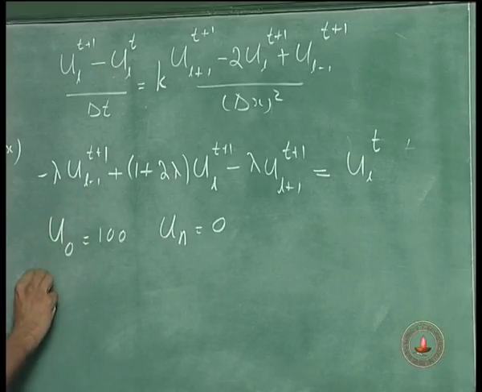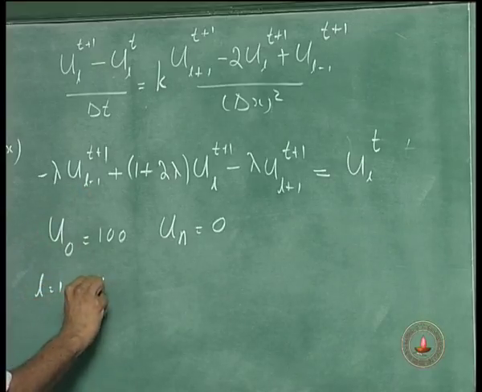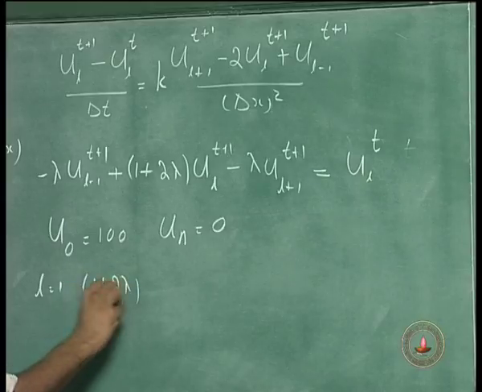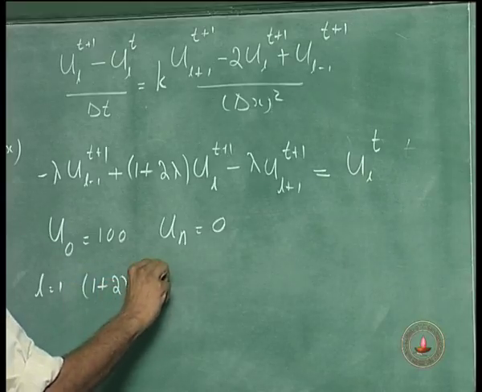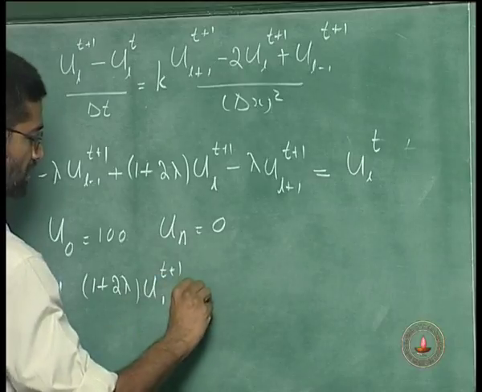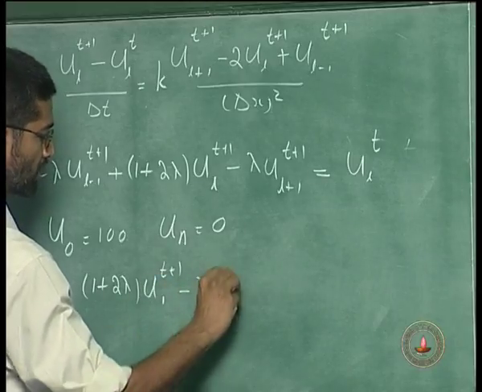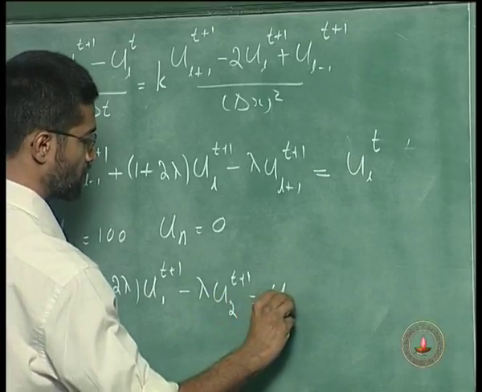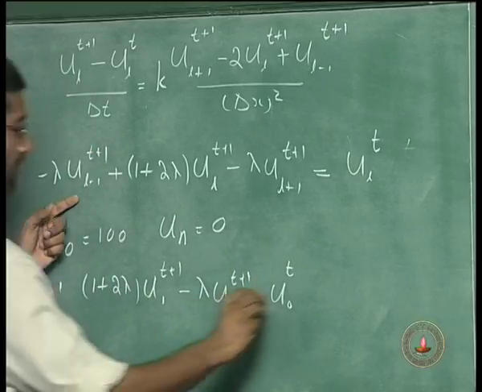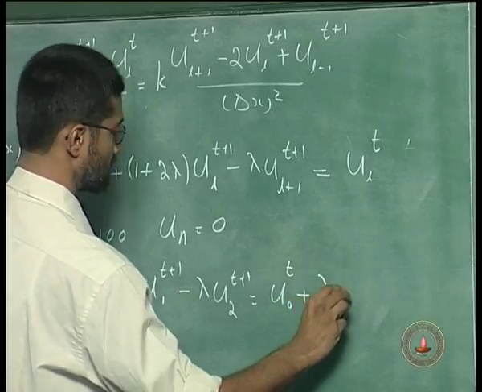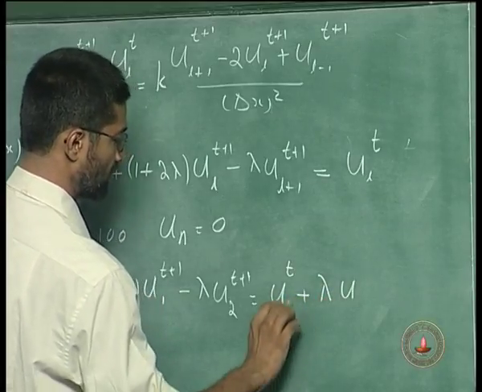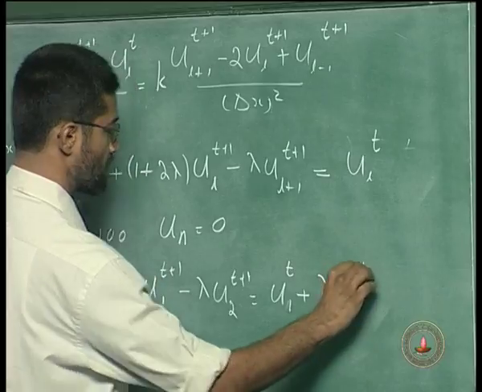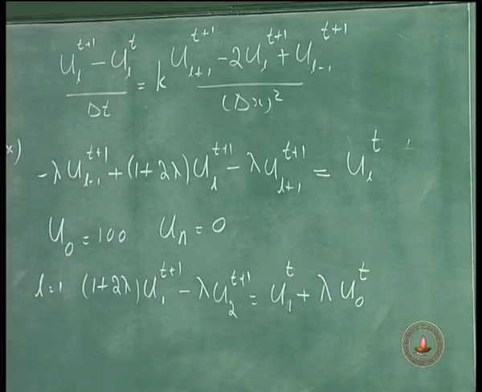So for l equal to 1 we have 1 plus 2 lambda u1 at t plus 1 minus lambda u2 at time t plus 1 is equal to u1 at time t plus lambda times u0 at time t.